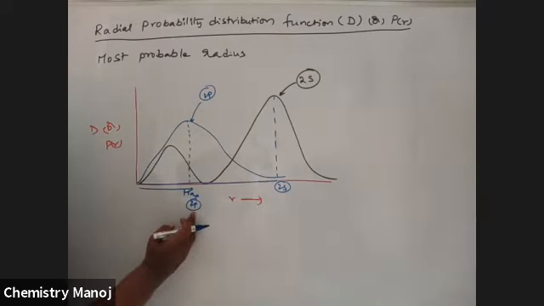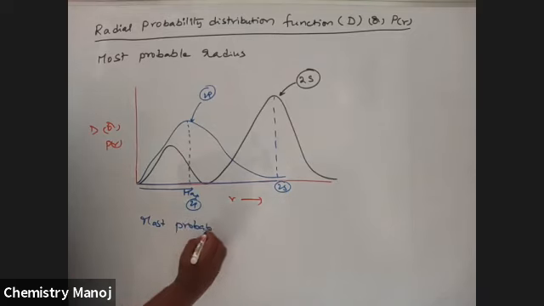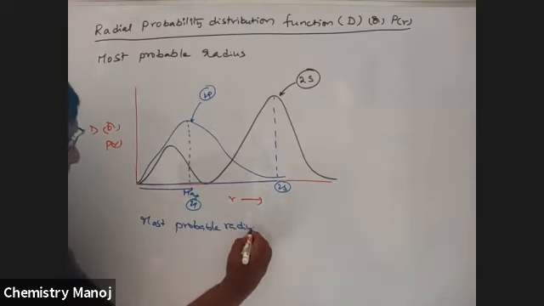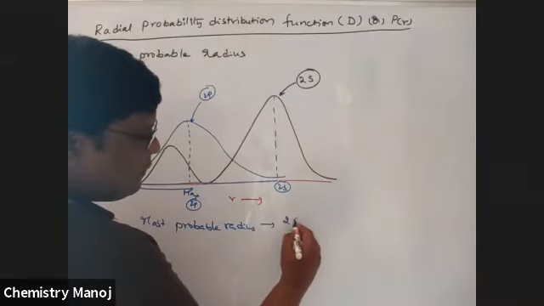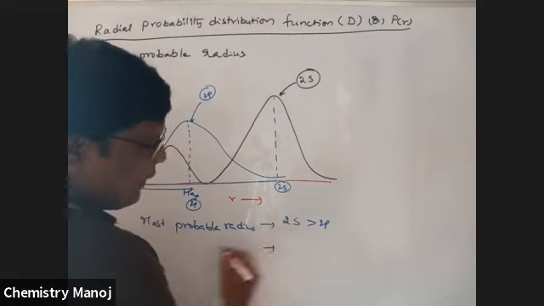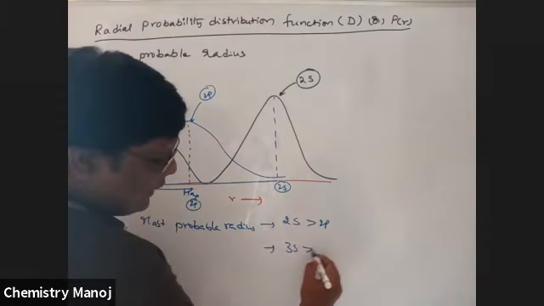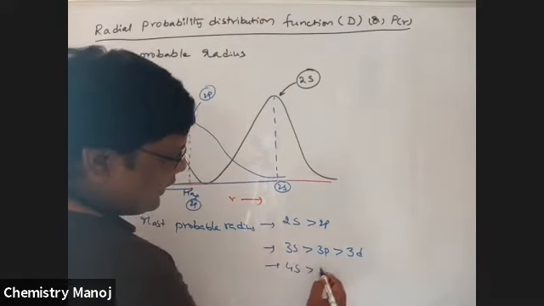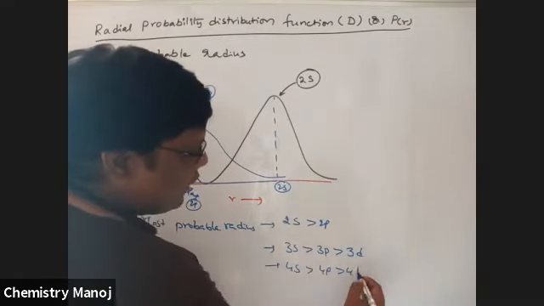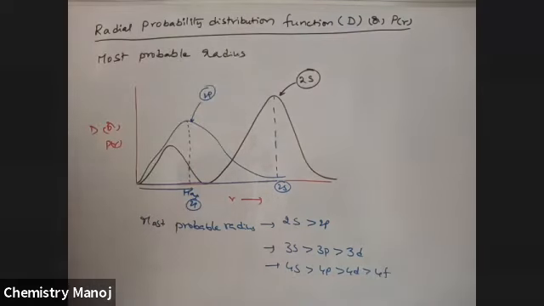So based on these curves, the most probable radius for 2S is greater than 2P. Similarly, 3S greater than 3P greater than 3D. Similarly, 4S greater than 4P greater than 4D greater than 4F. These are the maximum probable distances.